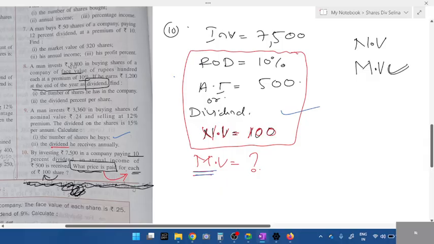In this question, is market value given anywhere? No, right? Then definitely the last part, what price is paid, they're asking us to find market value. Apart from that, do we have investment value? Right? We have dividend. We have everything. Number of share is missing, market value is missing.